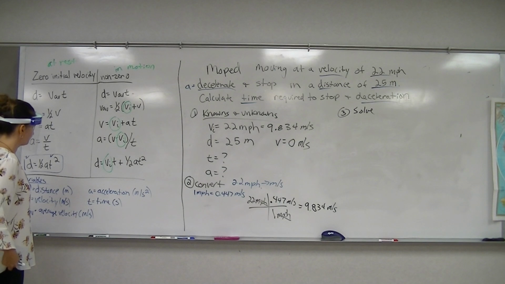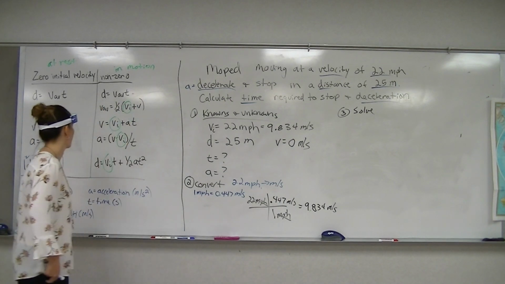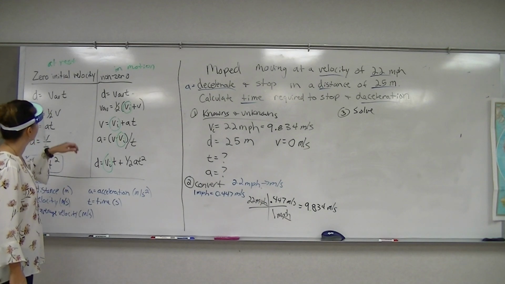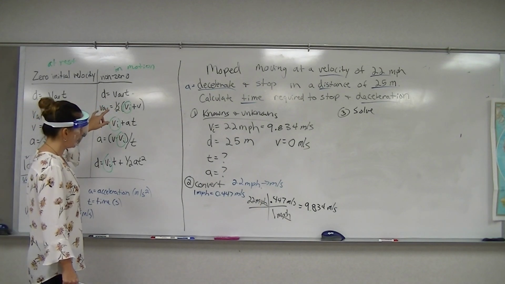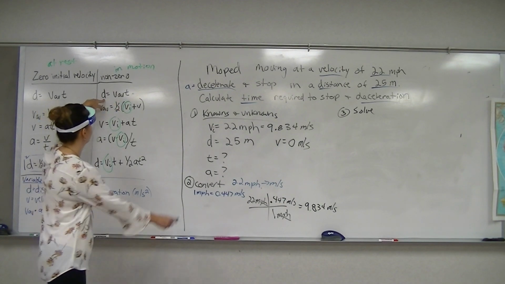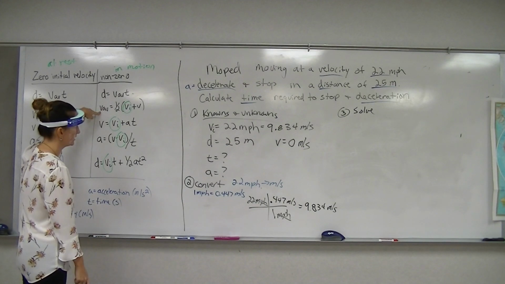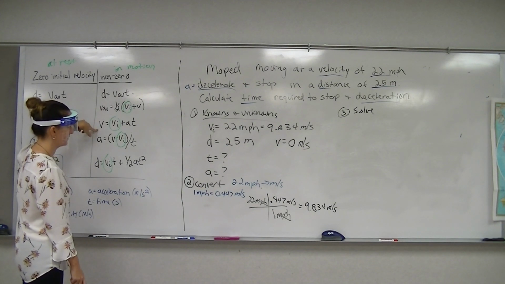All right. So if we wanted to solve for time, let's see. Let's look at the first one. We have d, we don't have the average, and we don't have time. So let's keep going. The average, once again, we don't have. How about this one?